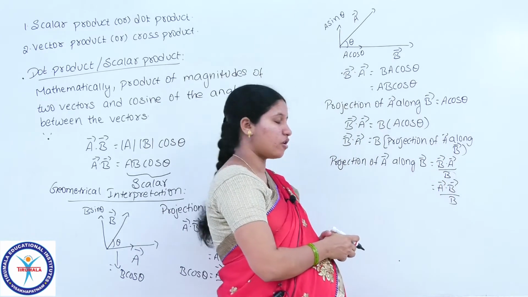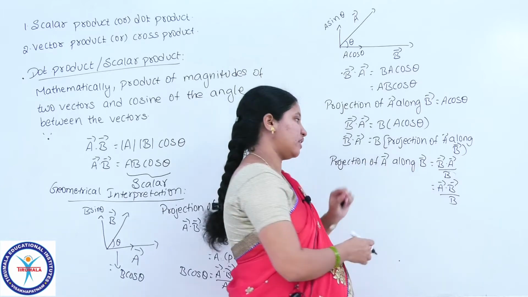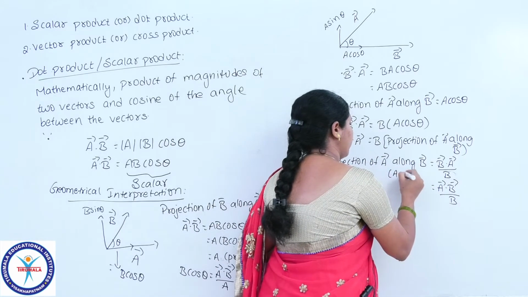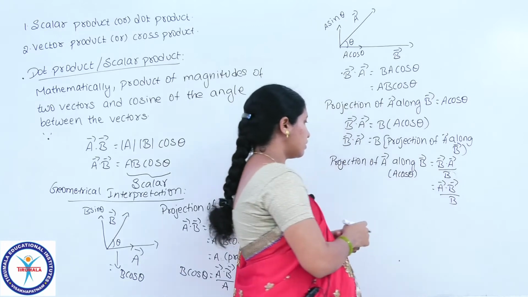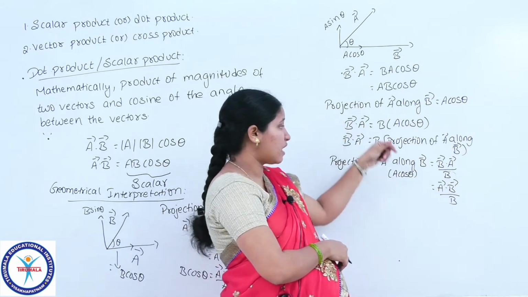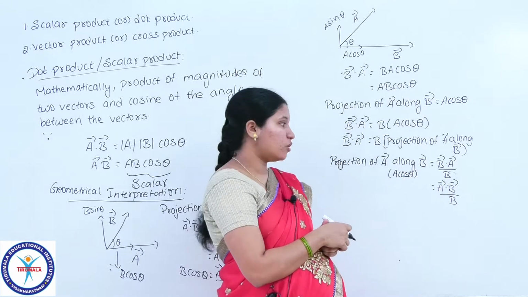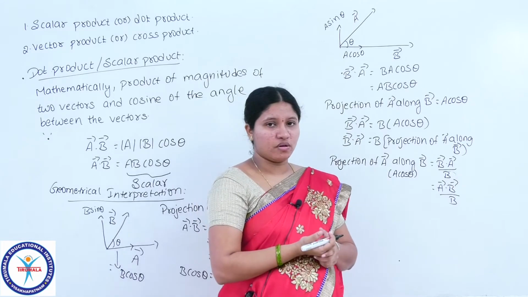This is the formula for the projection of a bar along b bar, which is nothing but a cos theta. This is the way we find the projection of a bar along b bar and the projection of b bar along a bar. Now let us see what are the properties of dot product.